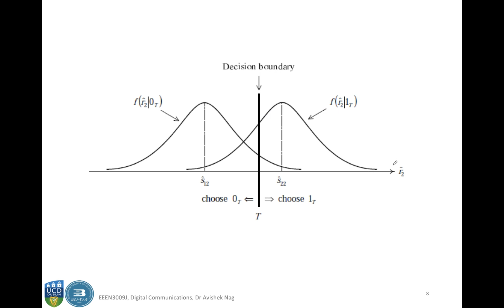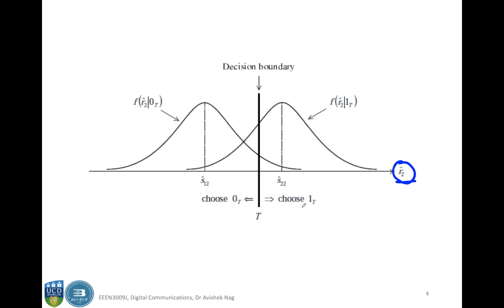As I said, we are assuming that we always have a situation where we can represent the signals in a set of axes that finally gives us a receiver with a single matched filter. So this is the case, let's say. In such a case, we are only observing the R2 component of the received signal, or R2 hat, let's say, because it has been transformed.